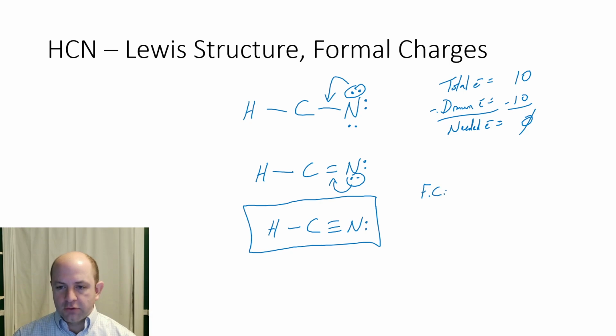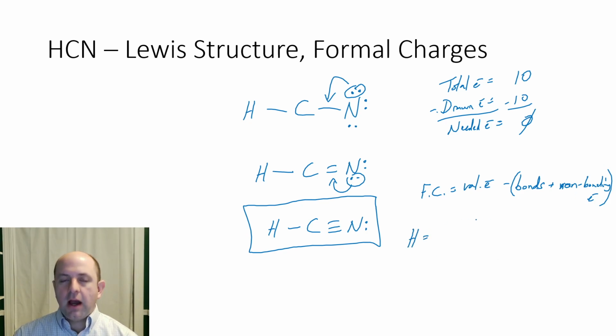Remember that formal charges are equal to the valence electrons that are coming from the periodic table minus the bonds and the non-bonding electrons. So for the hydrogen, it is under 1A, so that's 1.